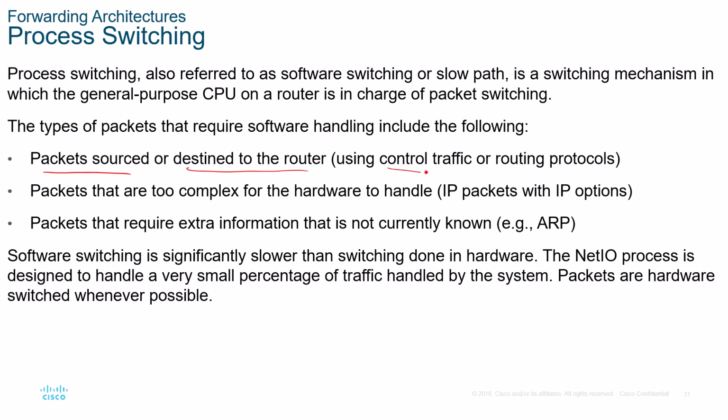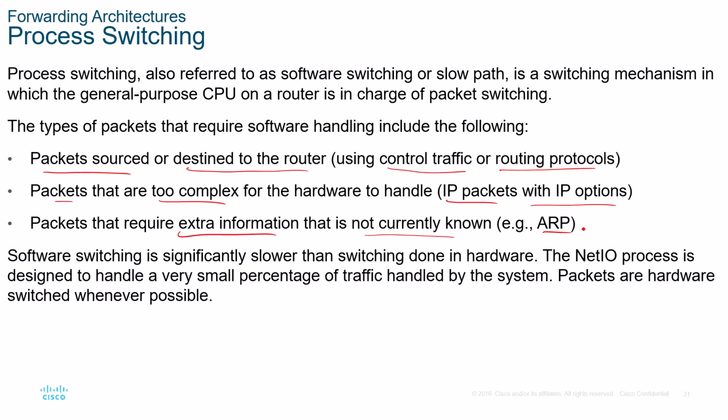Again, that's going to be using the control traffic or routing protocols. Packets that are too complex for the hardware to handle. Again, packets too complex. That'll be IP packets with IP options. Lastly would be the packets that require extra information that is not currently known, ARP. So these three types of packets are going to require the slower path.